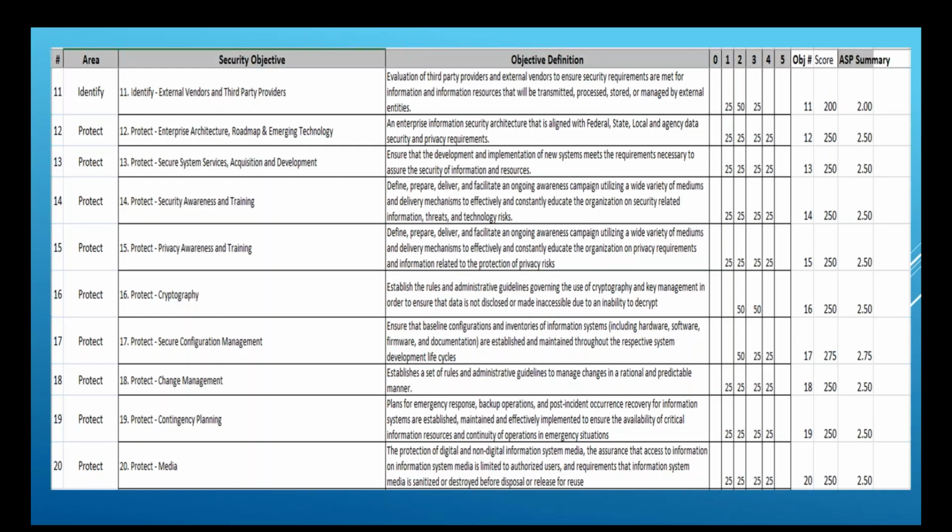Do I have a policy about mobile devices, USB sticks and CDs, and whether they should contain sensitive information? And if you're going to have to put sensitive information on those types of media, do I have policy and procedures in place to encrypt that data should it be lost or stolen?